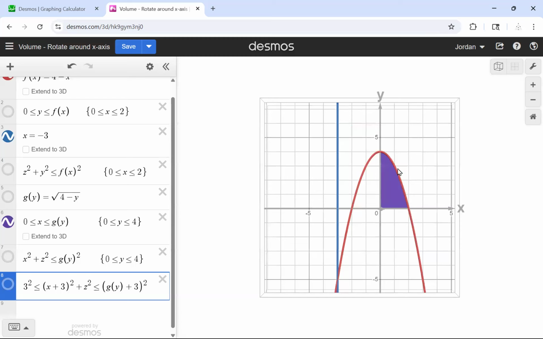The height of the rectangle determines the height of the cylinder, the height of the shell. And then the radius goes from whatever x value we're at to wherever we're rotating it around. Now, this is with a vertical line of rotation. If we did a horizontal line of rotation, we would have to integrate with respect to y with the shell method.